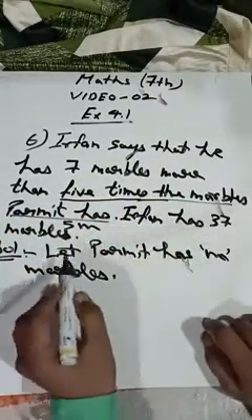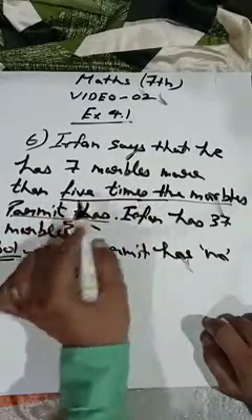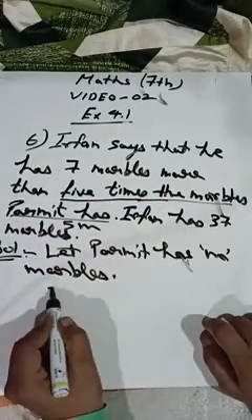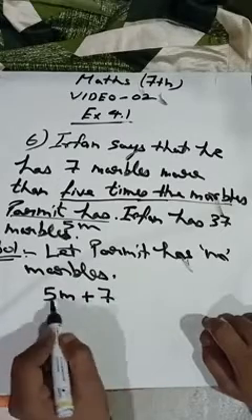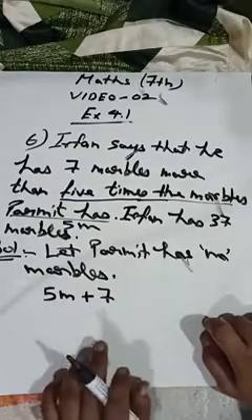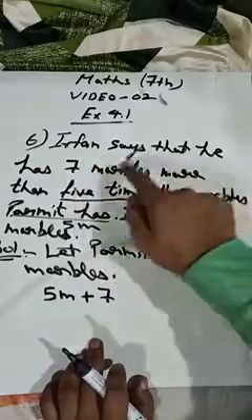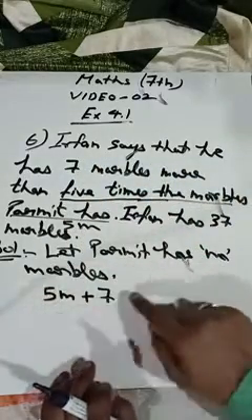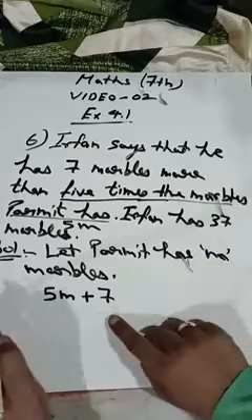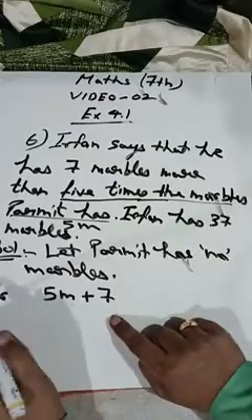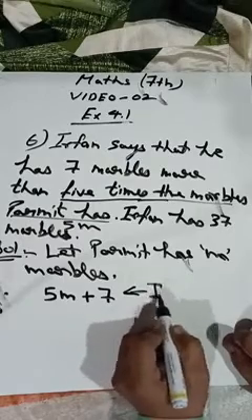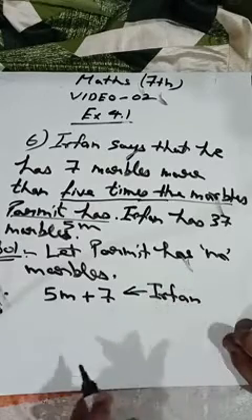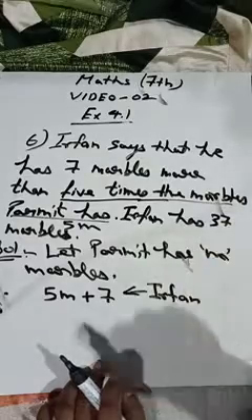So 7 marbles more than 5m means I have to add 7 to this 5m. So Irfan has this many marbles. If Parmeet has m marbles, then Irfan will have 5m plus 7 marbles. But according to the question, Irfan has 37 marbles.